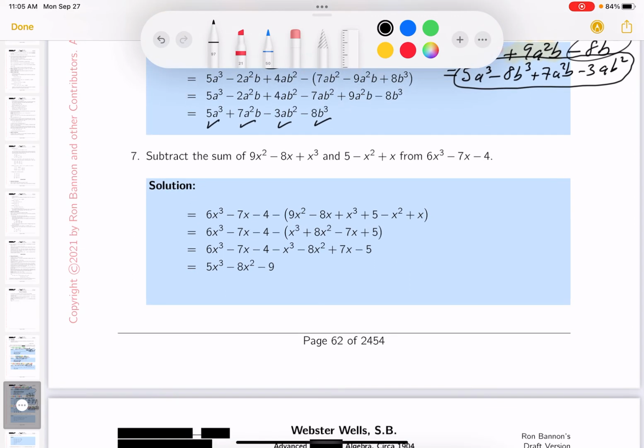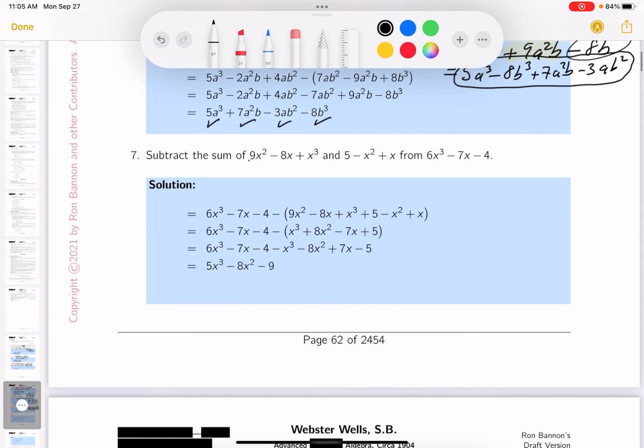The next one says subtract the sum of these two from this thing. I'll write that down for you. I'm getting a little better at this now. So it's 6x cubed minus 7x minus 4, and I'm going to subtract the sum of these two over here. So I think I can write the sum down.